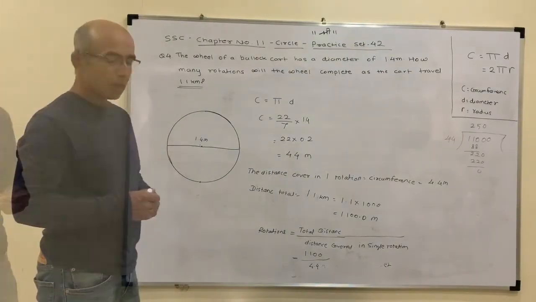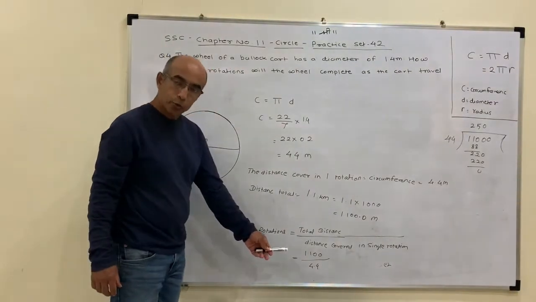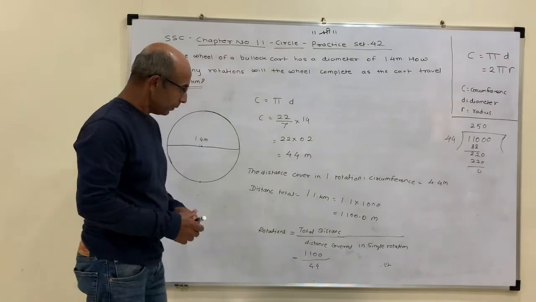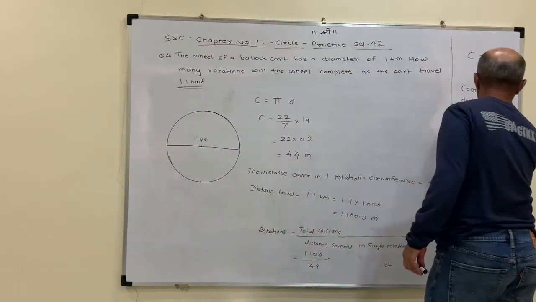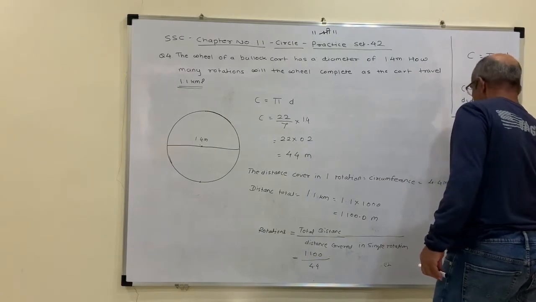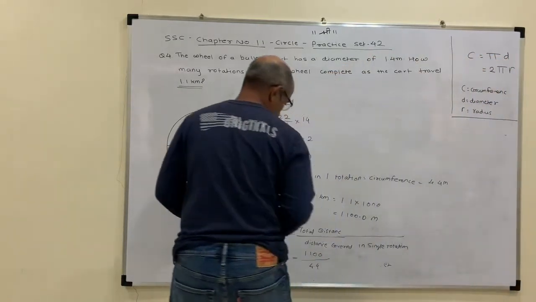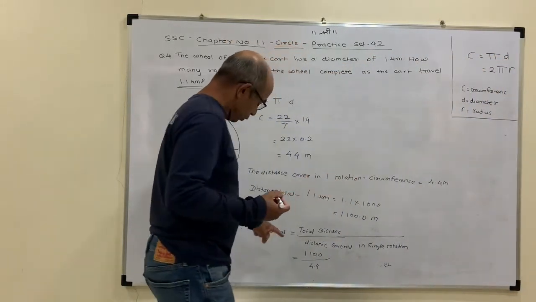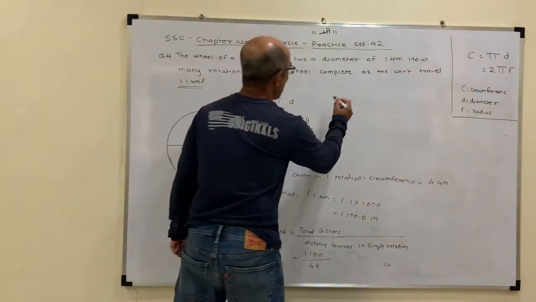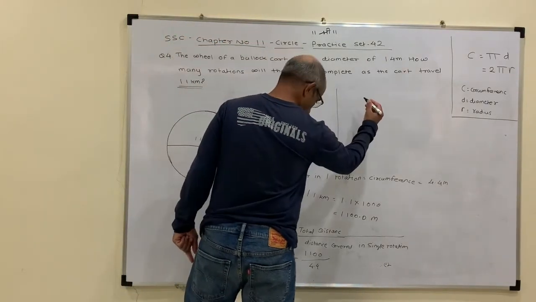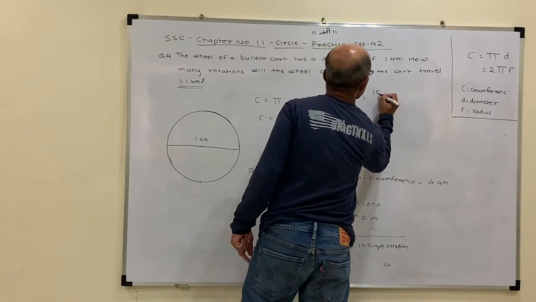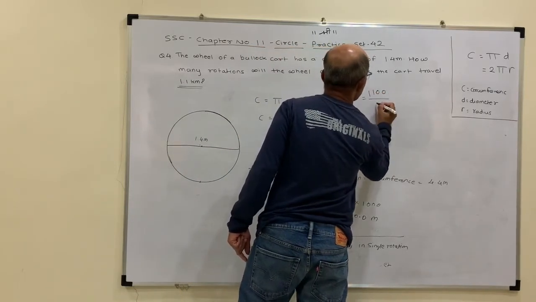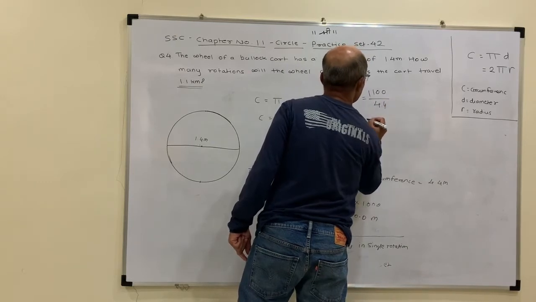Now to solve this kind of a problem, I'm going to show you one trick. Rather than doing a calculation where you have difficulty, you do one thing. Now our problem is, what we need to calculate, 1100 divided by 4.4.